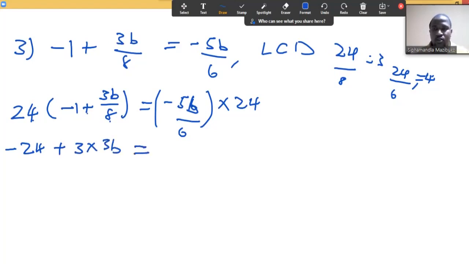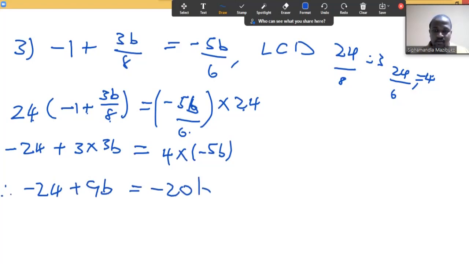This is equal to 24 divided by 6, which is giving us 4, so we have 4 multiplied by negative 5p. So we have minus 24, 3 times 3 is plus 9p, equal to 4 times minus 5, that will give us minus 20p.